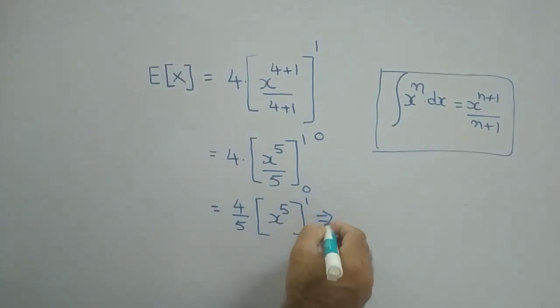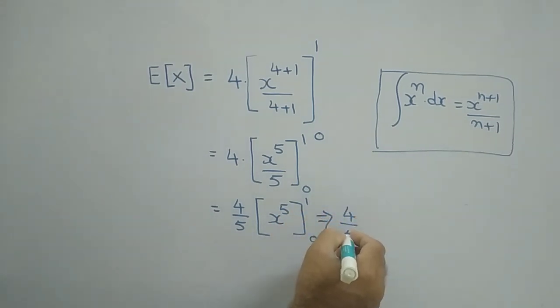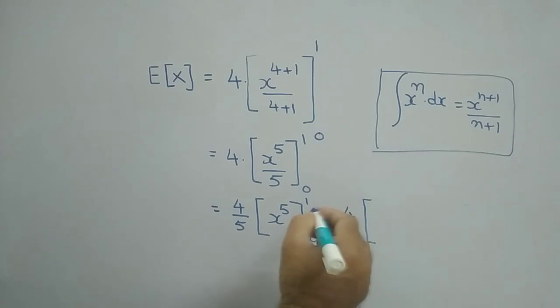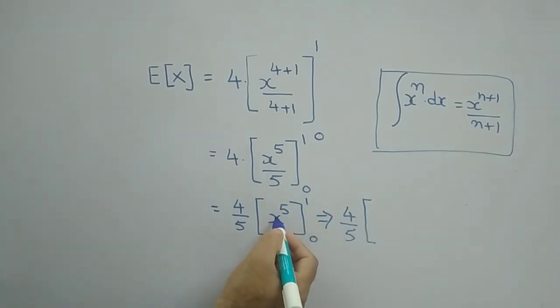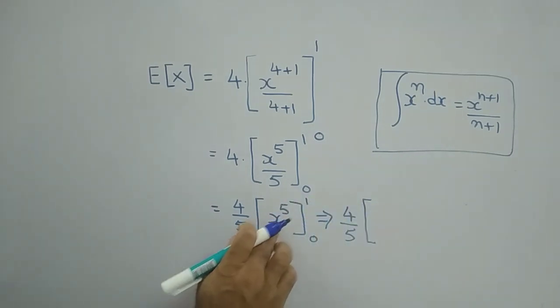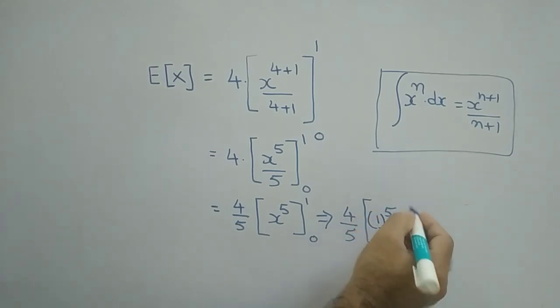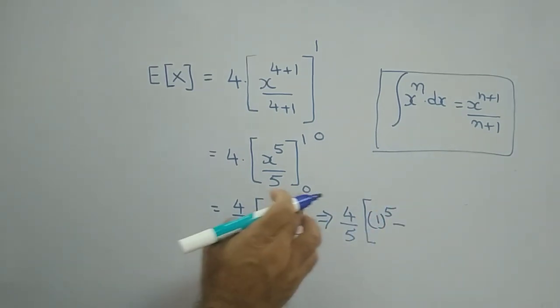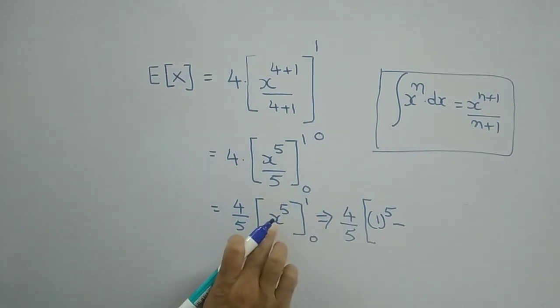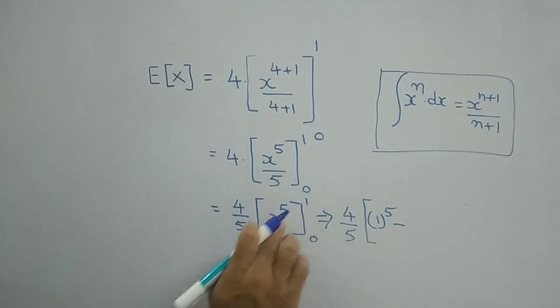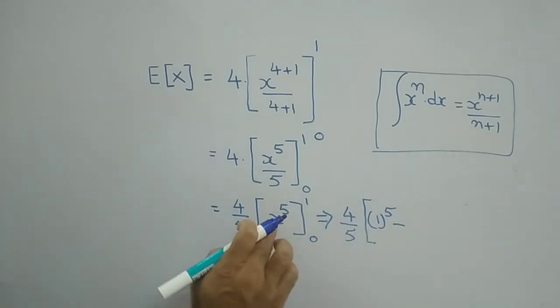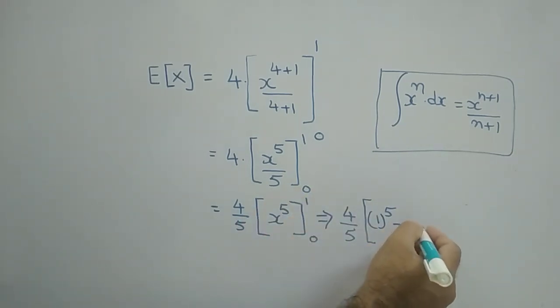Substitute the upper limit, that is 1 power 5, minus the lower limit: in place of x substitute 0, so 0 power 5.